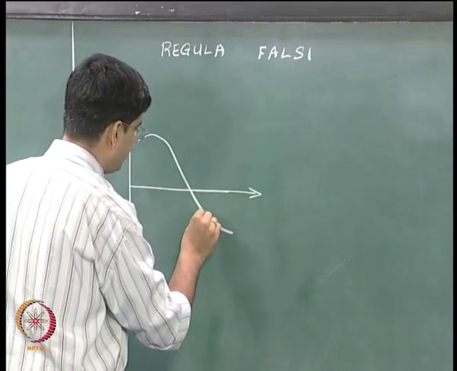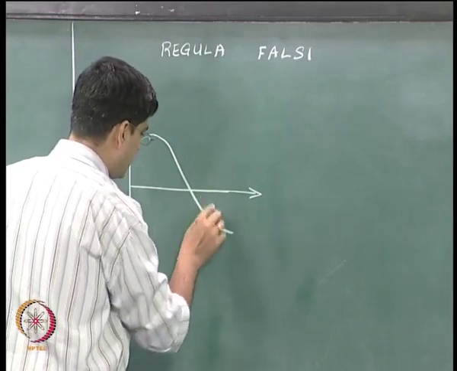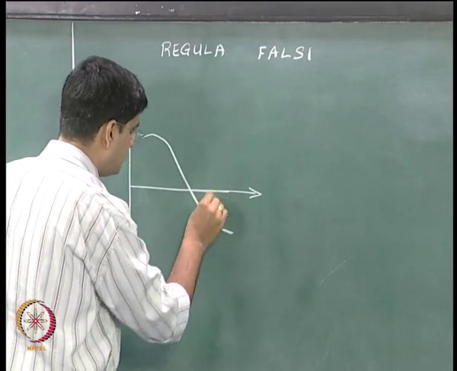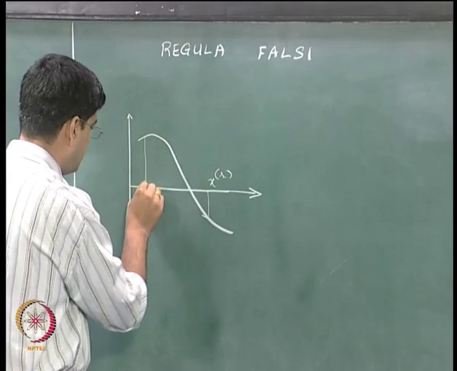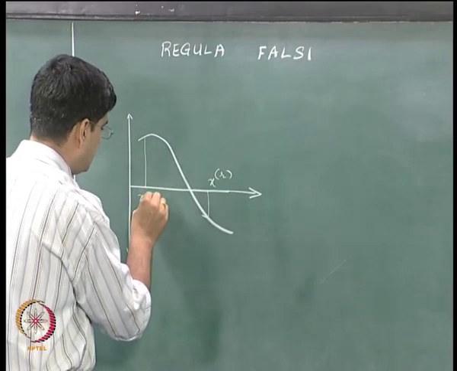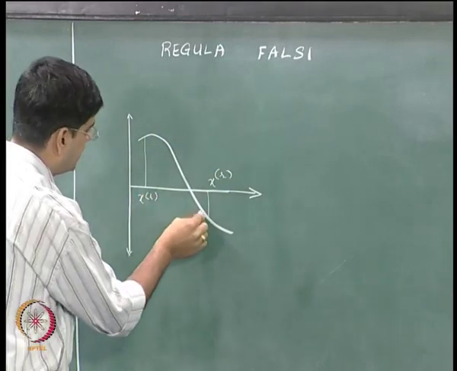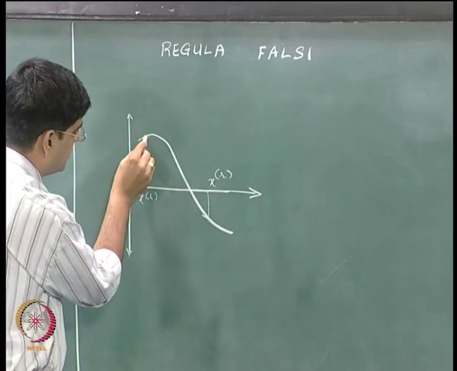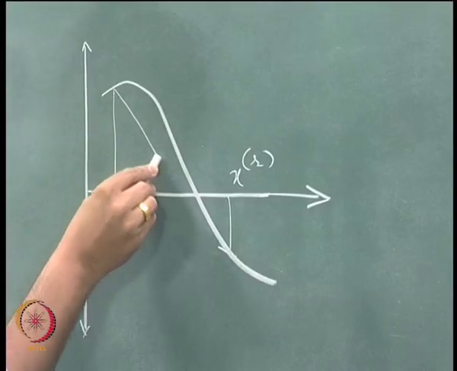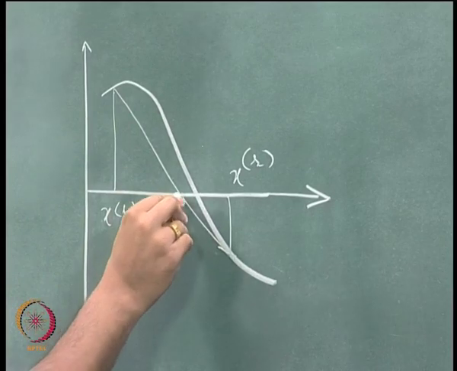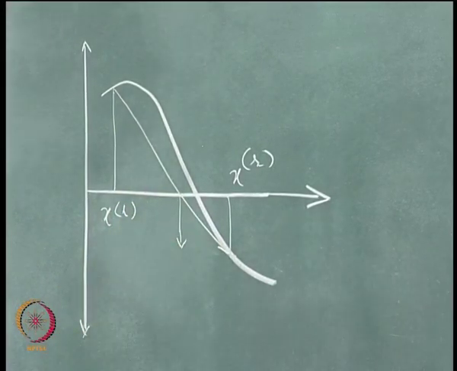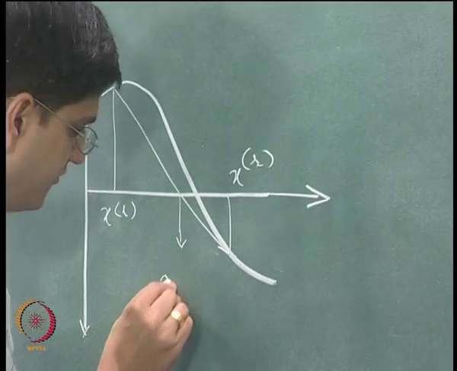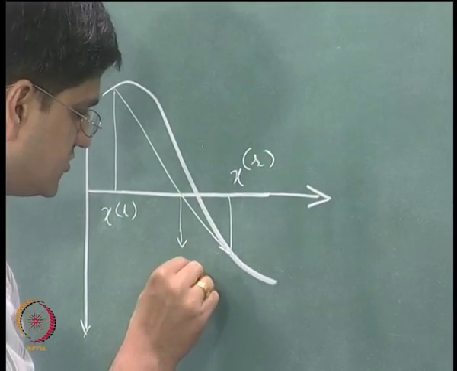Let us say we have a curve of this type and we started off with XR and XL. We connected this XR and this XL with a line, and we found the intersection of that line with the x axis, and we called that x i plus 1.